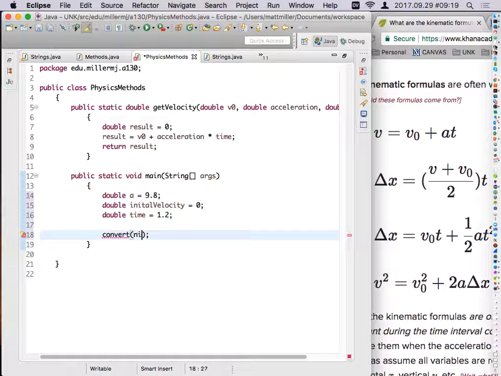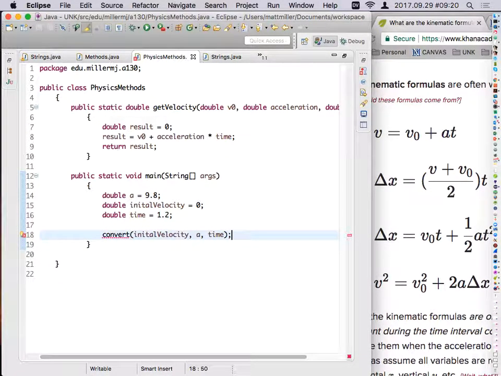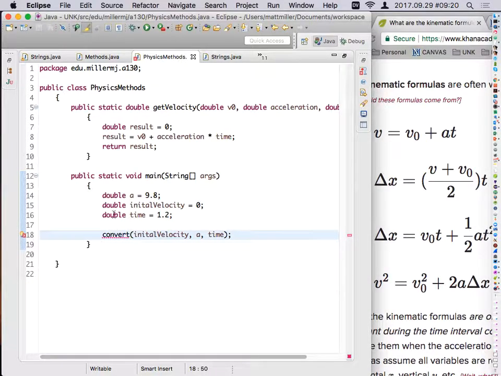Initial velocity. Okay, second argument. What? A, there we go. And then T, right? Oh, and I changed my method name. That would also help. There we go. So we can get that result.